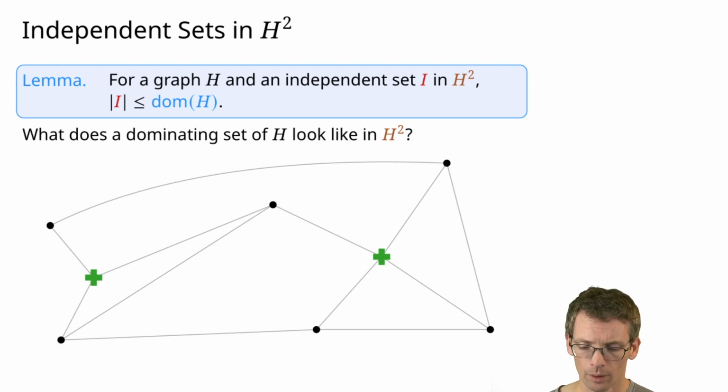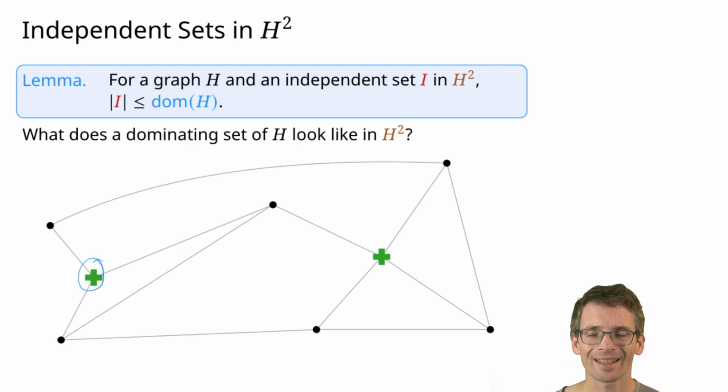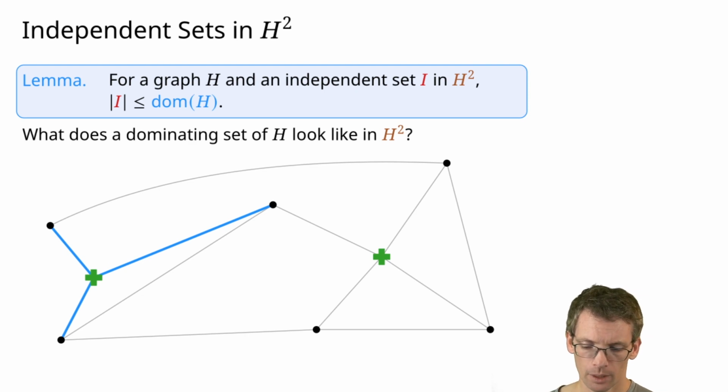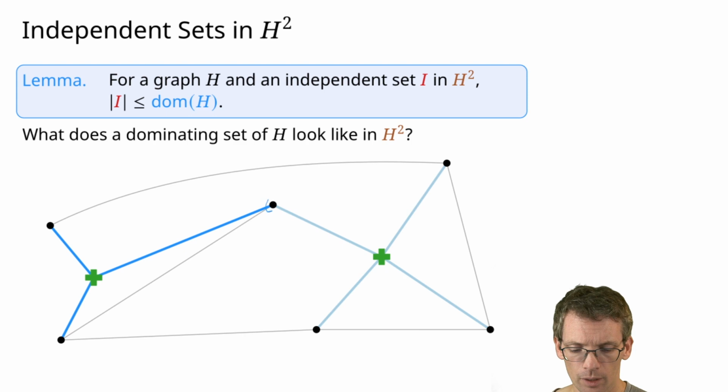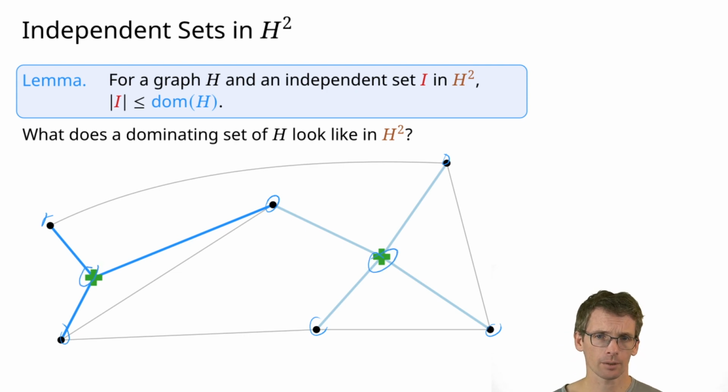For every vertex here, I consider the star for that vertex, meaning I take all of the edges adjacent to that vertex. Now, if I do this for all of the vertices in the dominating set, so I look at all of those stars, this will include all vertices, with the dominating set in the center of the stars.